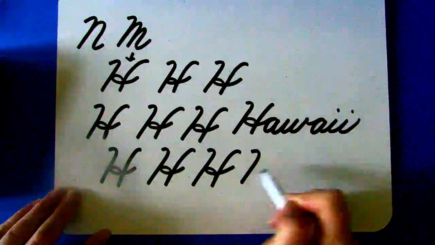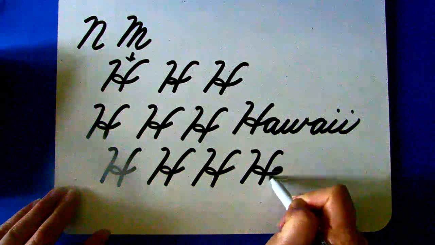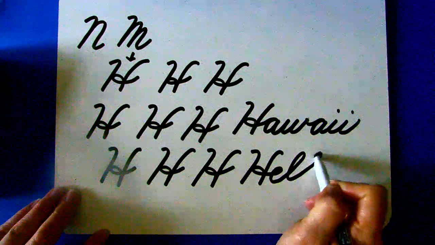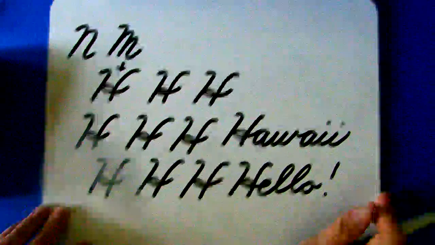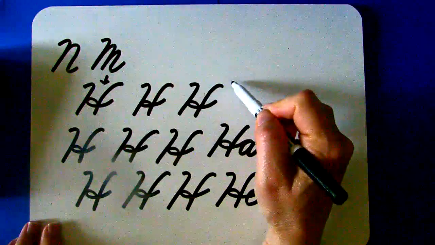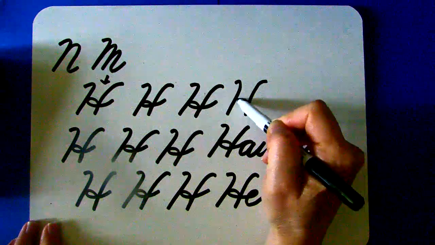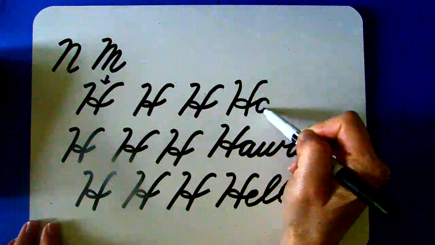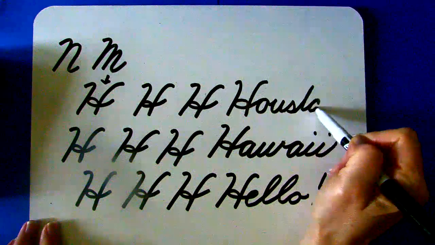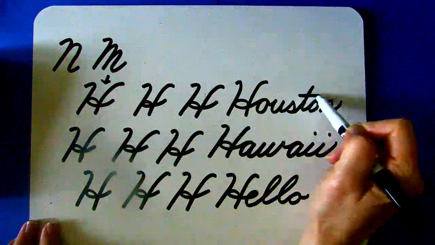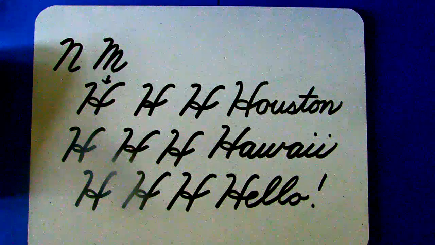Curve forward, pull back, pencil off the page, back, loop, undercurve. Here's hello. And one more. This is a city in Texas, Houston. Curve forward, pull back. Here's my undercurve loop. Houston.